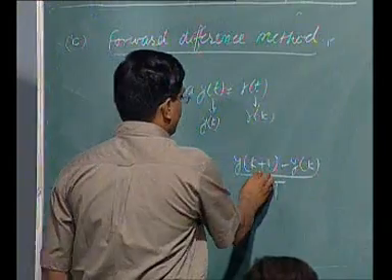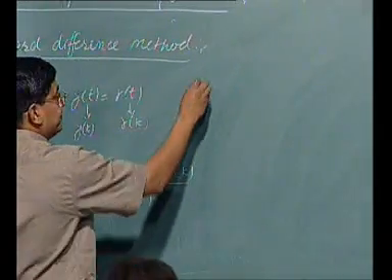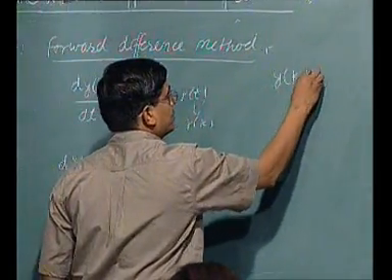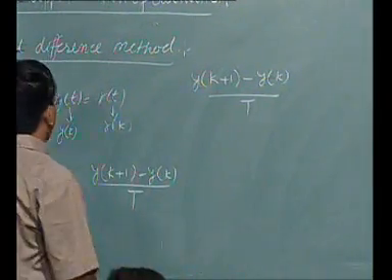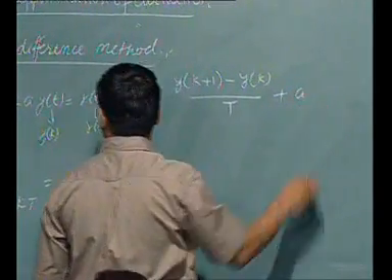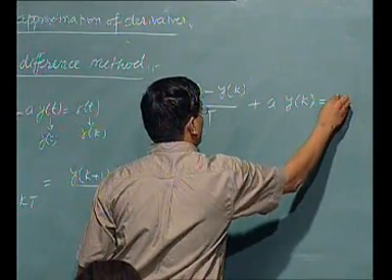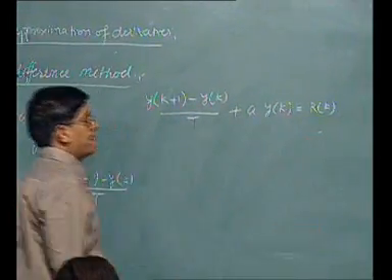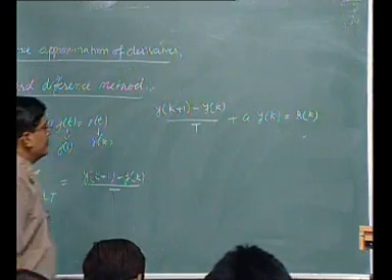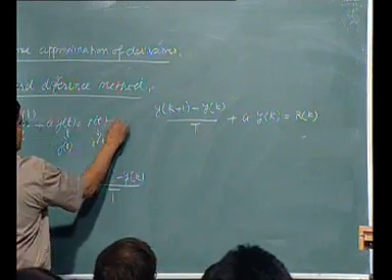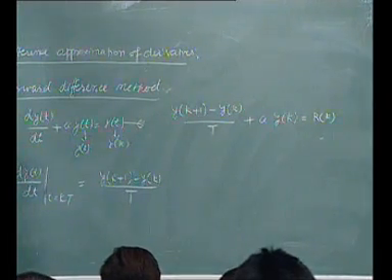Now, put these values in this differential equation. So, we will get (y(k plus 1) minus y(k)) upon T plus a y(k) equals r(k). Now, take the Laplace transform of this equation, that will be same as previous.